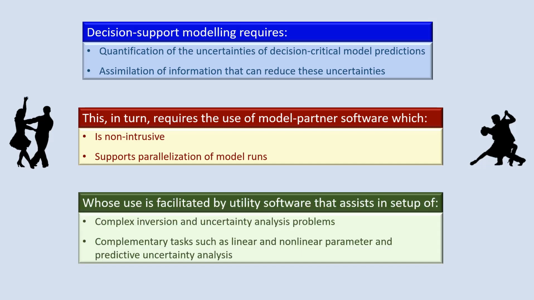Not only does the PEST suite provide those dancing partners, it also provides utility software which assists in setting up complex inversion and uncertainty analyses processes, which allow us to get the most information out of expensive data and allows us to quantify uncertainties associated with decision-critical model predictions, and hence allows us to incorporate the vital element of risk assessment into the decision-making process.